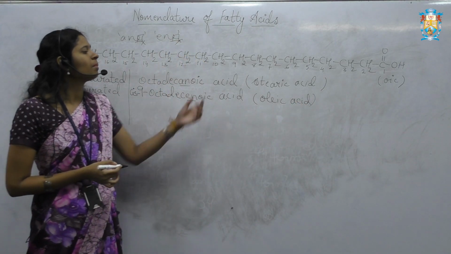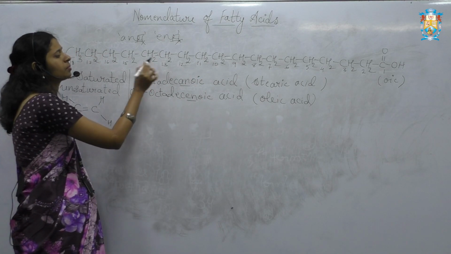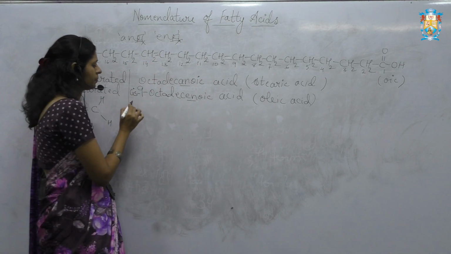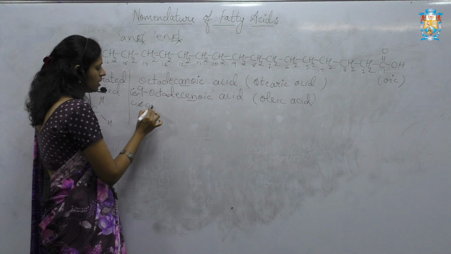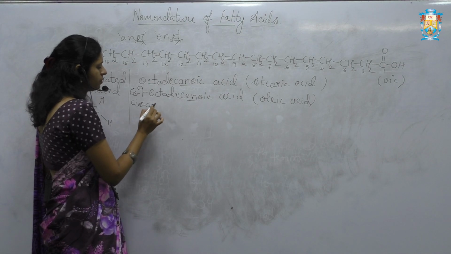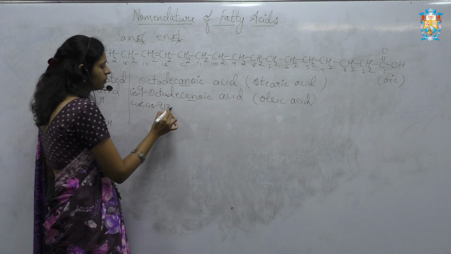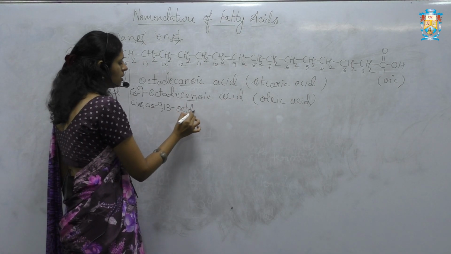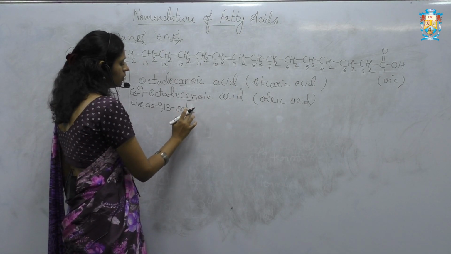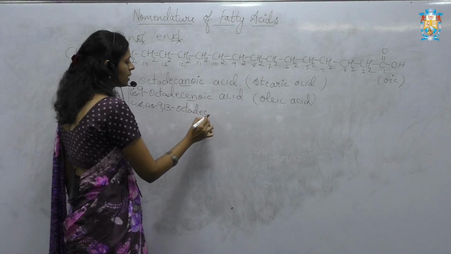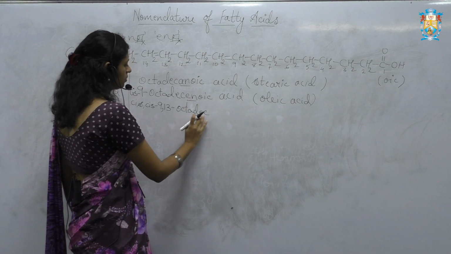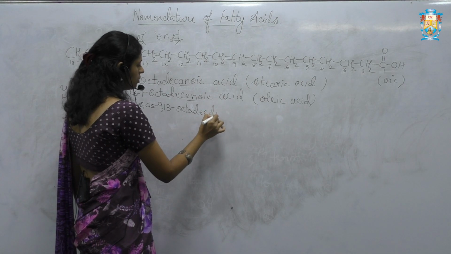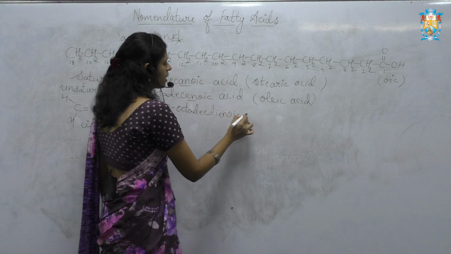Similarly, if I have my double bond on the 13th carbon, then I will name it as cis, put a comma, 9, 13, octadec-dienoic acid.